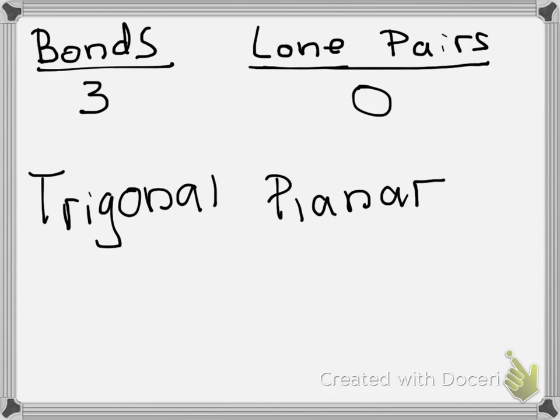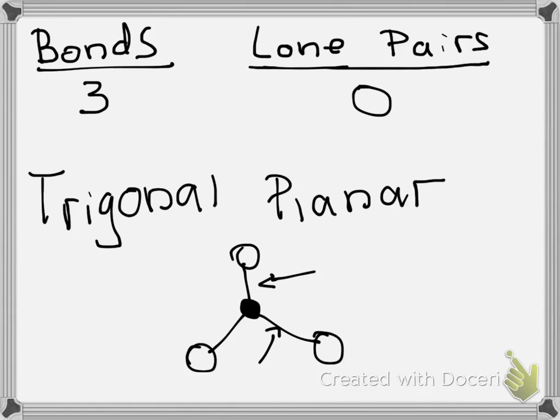So what that will look like is it has a central atom right here, and then it has an atom out here, an atom out here, and an atom right here. So these are the 3 bond sites, and it has no lone pairs.